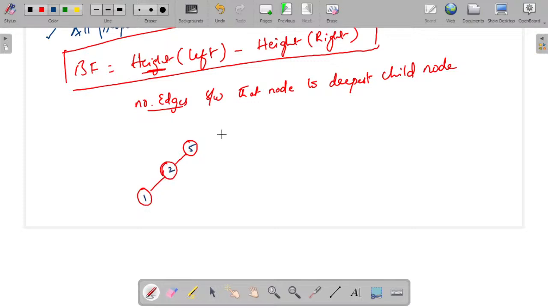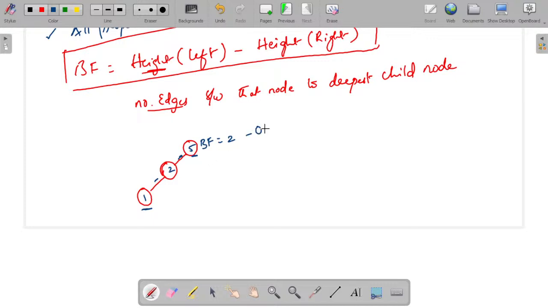If you want to calculate the balance factor for this given node, the height of the left subtree is, the deepest child node is this particular node for 5, and the number of edges we have is 2. So we have 1 here and then 2 here. So it is 2 on the left side, whereas on the right side we don't have any nodes, so it is going to be 0.